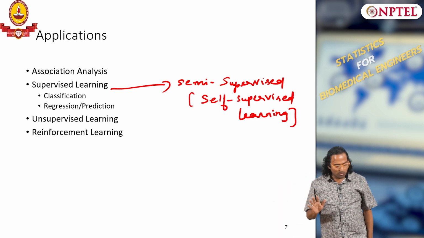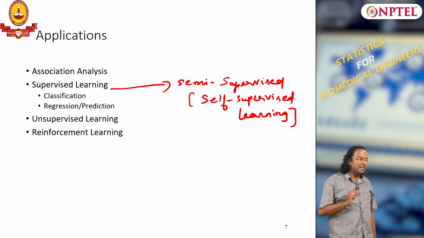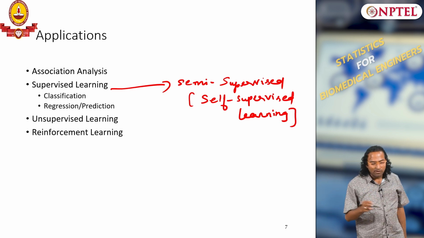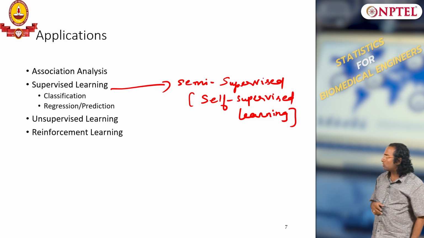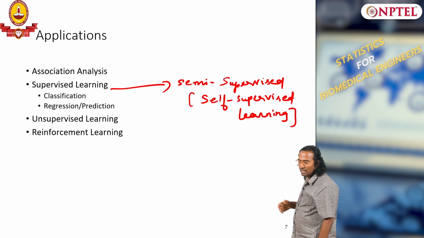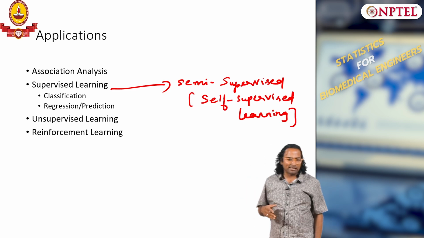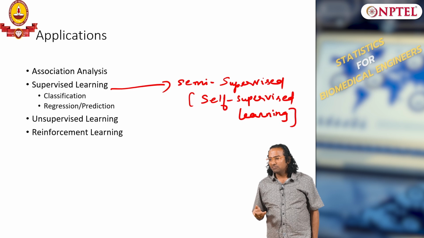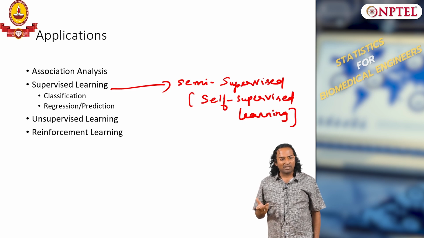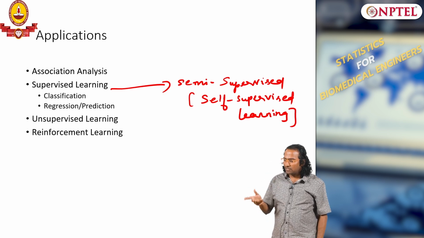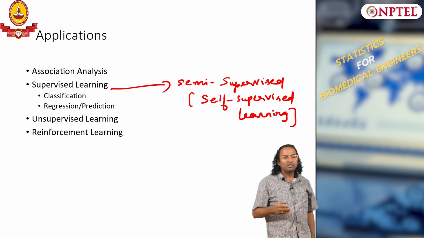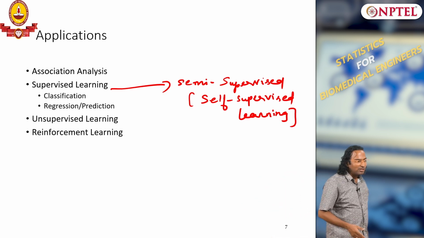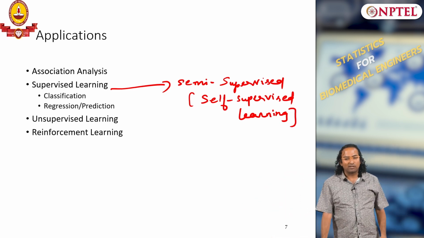That is supervised learning. And supervised learning itself is of two types. We will look at both in this course. The first one is classification, that is categorical, good, bad, ugly, your Netflix ratings, 1, 2, 3, 4, 5 stars. So, what does Netflix or Prime do? It recommends for you.